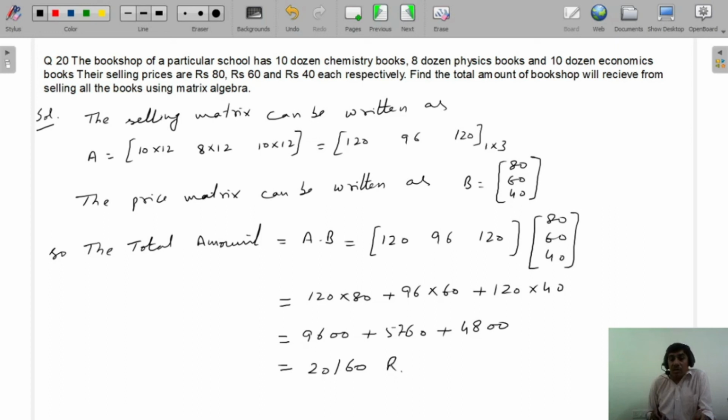So rupees 20,160 is received by the bookshop.